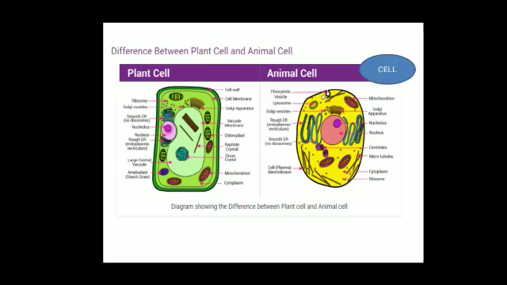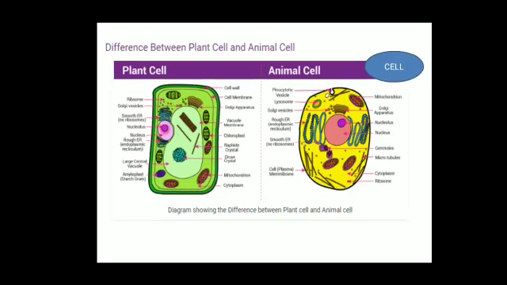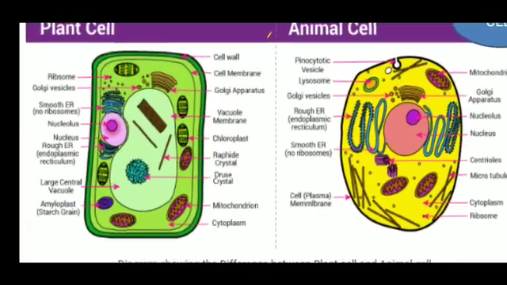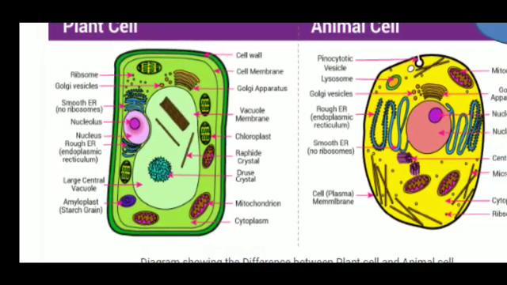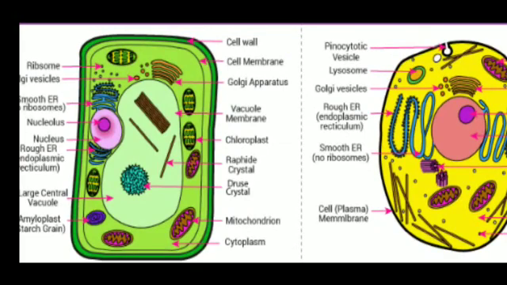Now children, here we have a diagram which shows plant cell and animal cell. First we discuss the plant cell. Children, here you can see they have cell wall, cell membrane, Golgi apparatus, which is also called dictyosomes, big size of vacuole, chloroplast, mitochondria, cytoplasm, ribosomes, smooth endoplasmic reticulum, nucleus, nucleolus, rough endoplasmic reticulum.